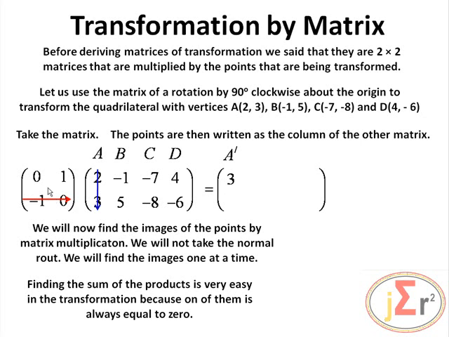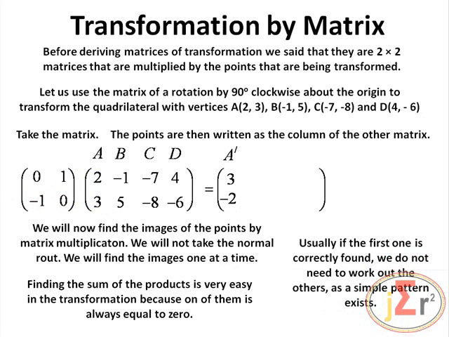And of course, instead of going to the other column, we choose to use this row to multiply that same column. That is so that we can find the images one at a time. Usually, if the first one is correctly found, we do not need to work out the others, as a simple pattern exists. There's a pattern that we can follow and use to write down the others.